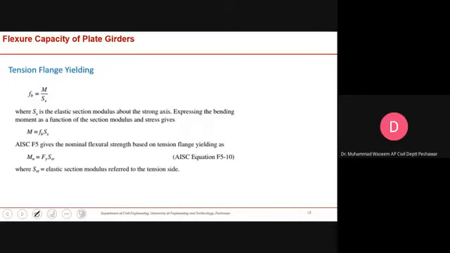Now, the first limit state is the tension flange yielding, and how are we going to evaluate this flexure limit state? You can evaluate it using this simple formulation. You have to use these values to evaluate the flexure capacity in the flange yielding limit state. What is Fb? It is the flexure stress, the ratio between the bending moment and the section modulus.